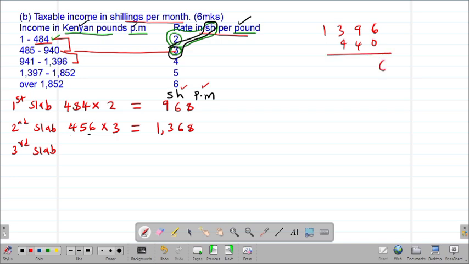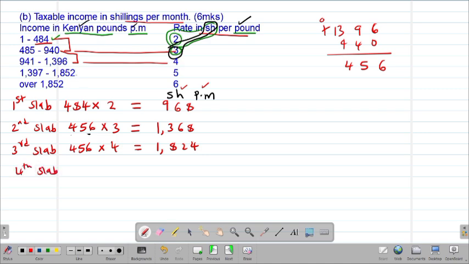So the difference will be 456. Then multiplied by the tax rate here, which is 4. So you take 456 multiplied by 4, your calculator will give you 1,824 shillings. We move to the fourth slab.